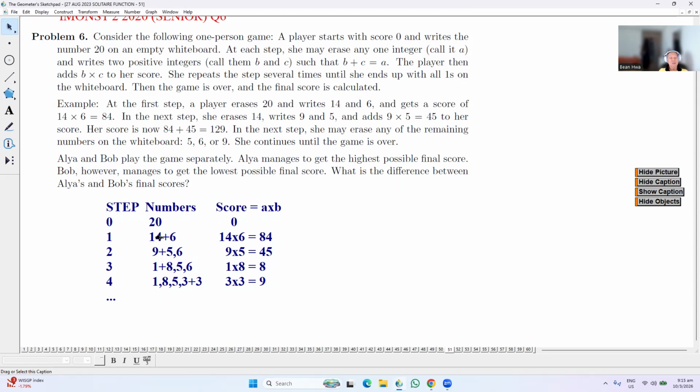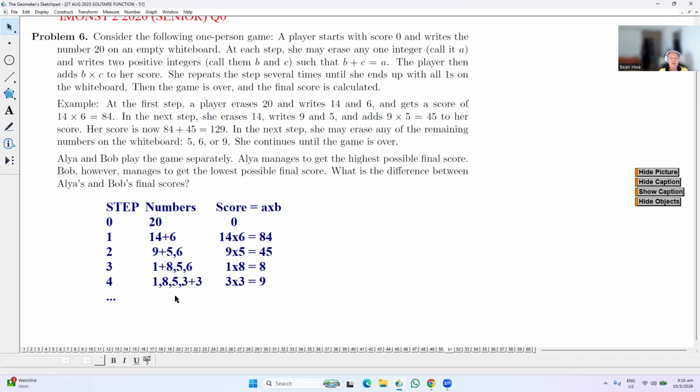Then 14 is split into 9 plus 5 and score 9 times 5 equals 45. Then we split 9 into 1 plus 8 and then score 1 times 8 equal to 8. Then step 4, we choose to split 6, 3 plus 3, we score 3 times 3.